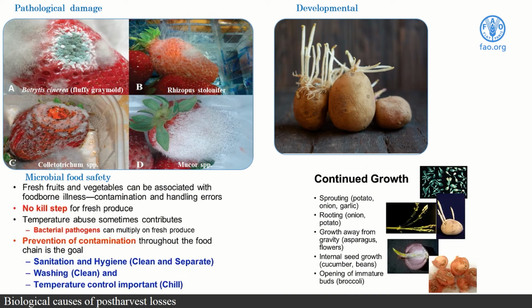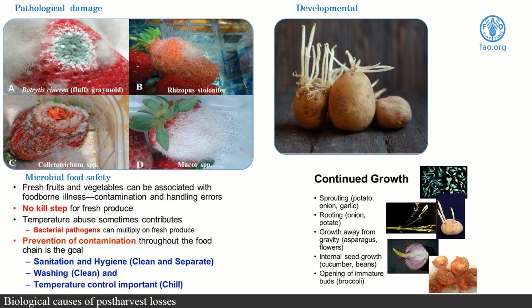Other biological causes of post-harvest losses include microbial damage and developmental disorders, such as greening and sprouting. Microbial pathological damage and sprouting. This picture shows the pathological damage to strawberries by different microbial species.